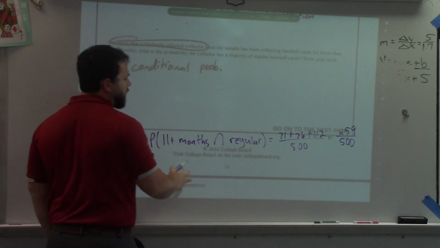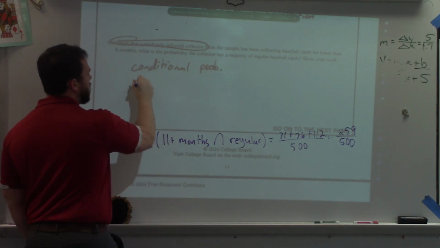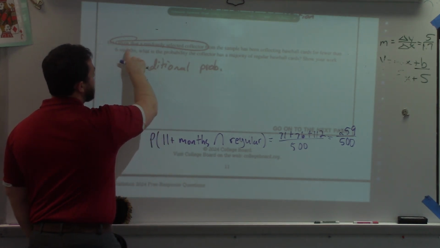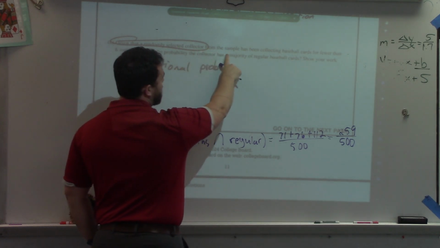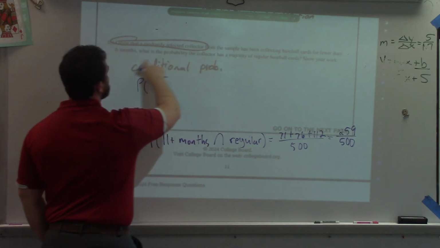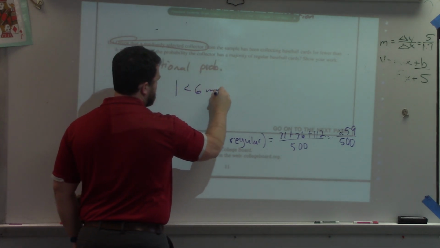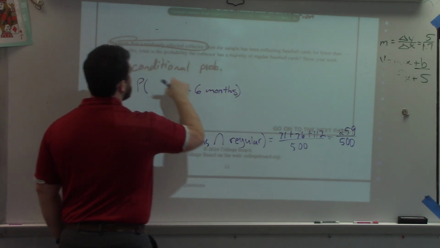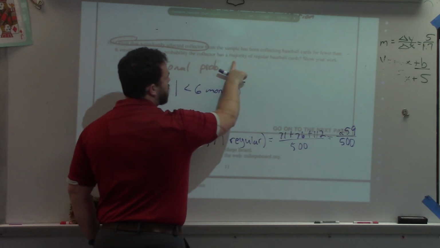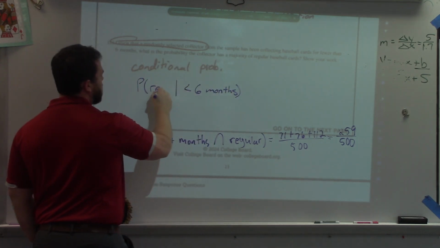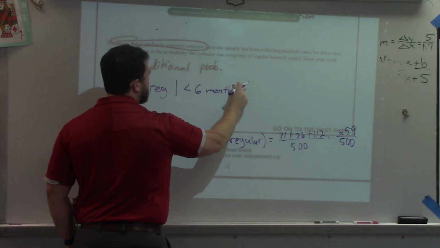If it's a conditional, like here, what we're looking at is given that a randomly selected collector from the sample has been collecting baseball cards for fewer than 6 months, so given less than 6 months, what is the probability the collector has a majority of regular baseball cards? So probability of regular given less than 6 months.